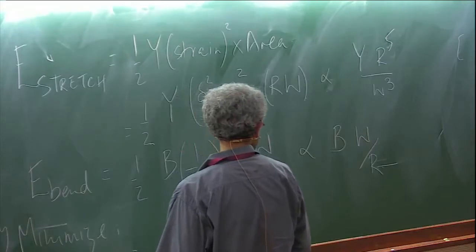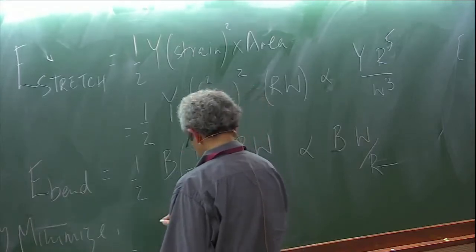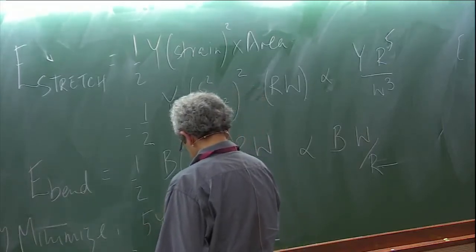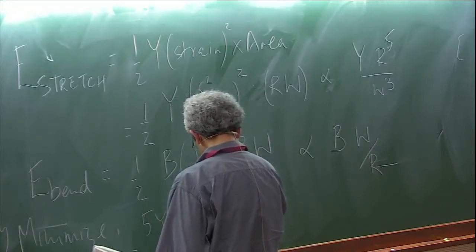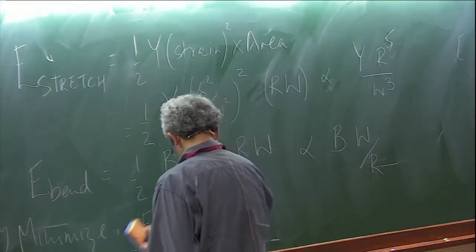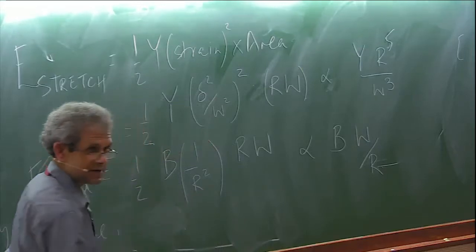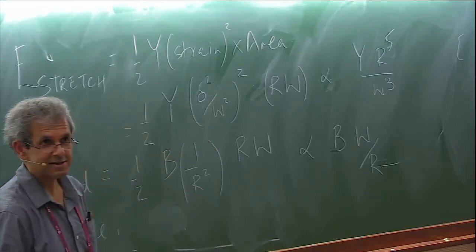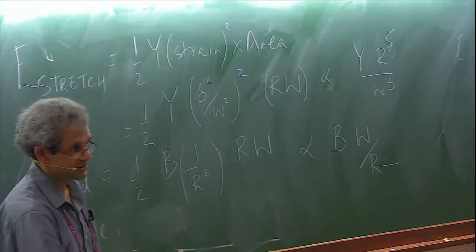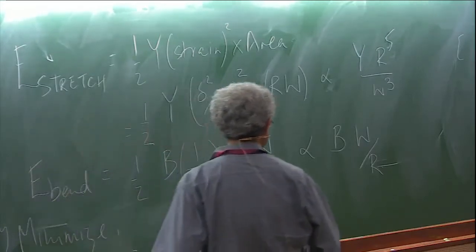And so I'm minimizing with respect to, what does the material get to minimize with respect to? What does it get to choose by itself? It gets to choose the radius, right? So I'm minimizing with respect to r.